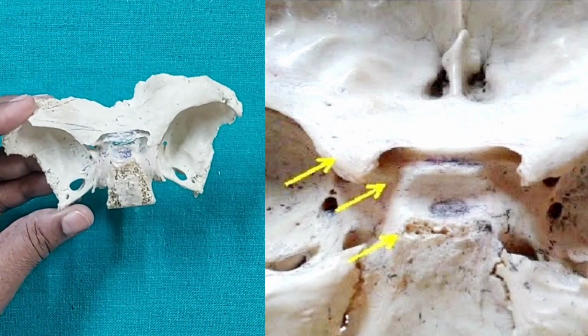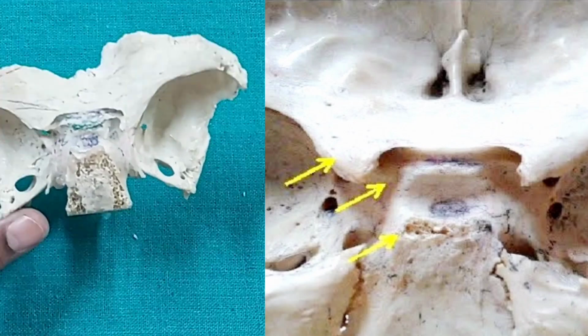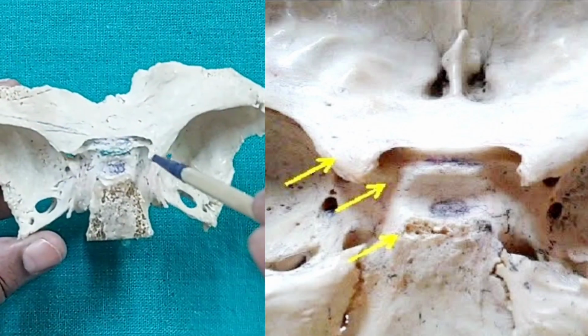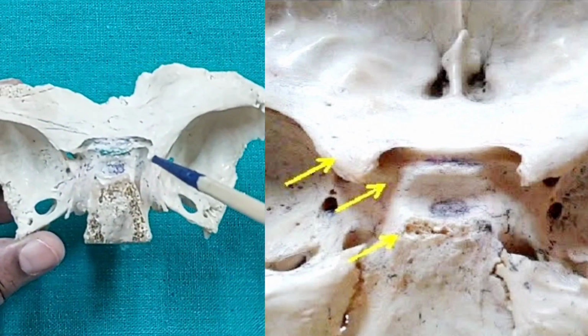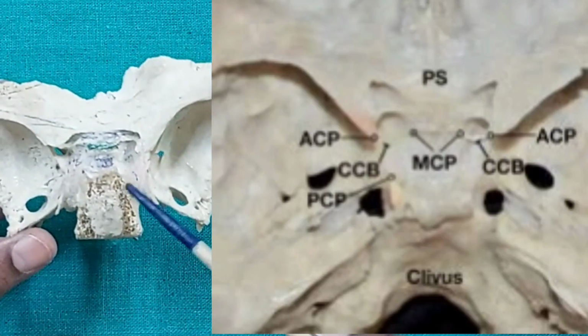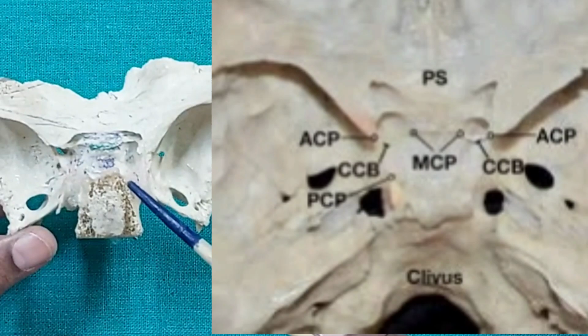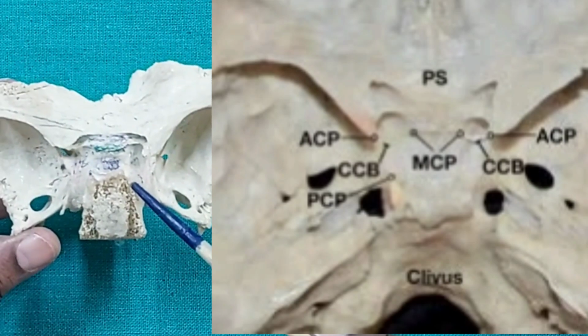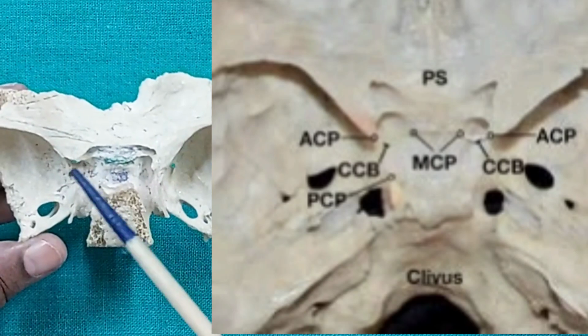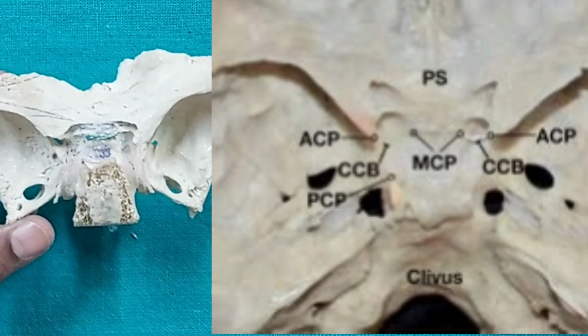The anterior clinoid process is the medial end of the posterior border of the lesser wing of the sphenoid, and the posterior clinoid process is here. It is the superior angle of the dorsum sellae on the other side that bears the posterior clinoid process, and these clinoid processes are interconnected.